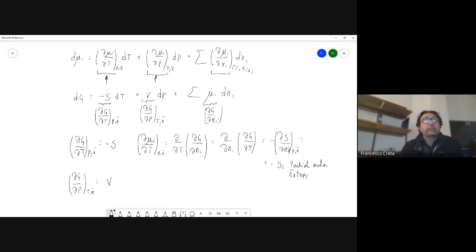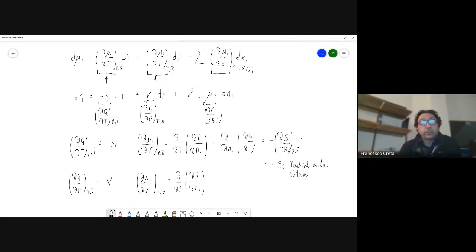So if we're interested in this derivative here, d mu I by dp, at constant temperature and mole fractions, we again use the definition of mu I, which is dg by dni, the partial molar Gibbs energy.